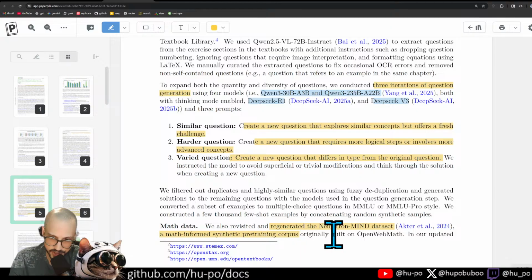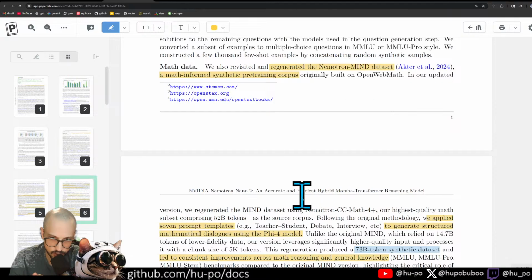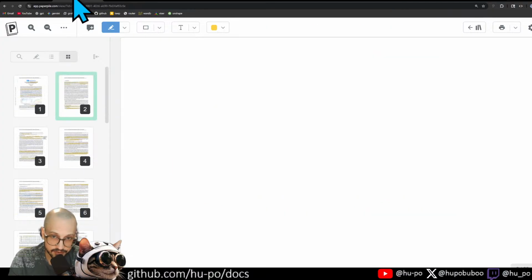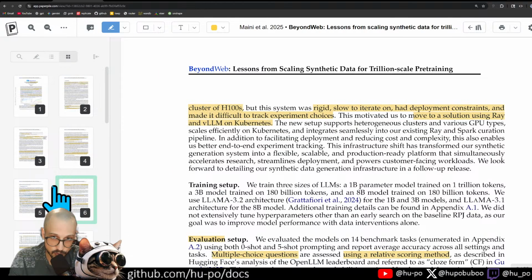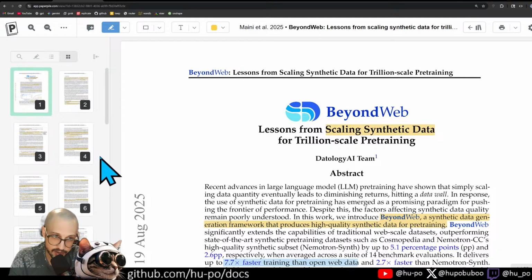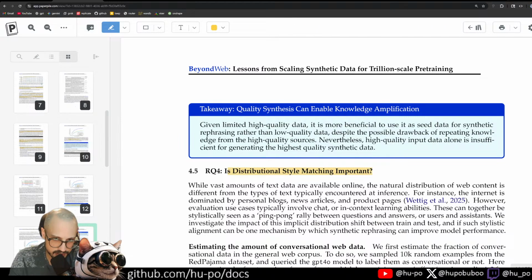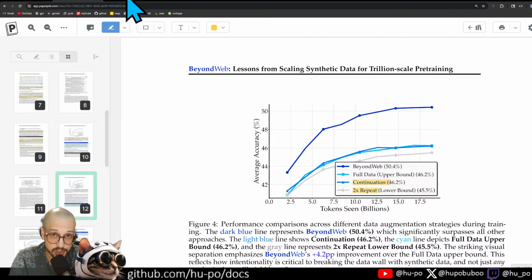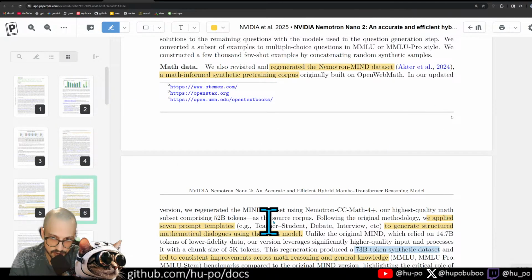We also regenerated the Nemotron-MIND dataset, a math-informed synthetic pre-training corpus. We applied 7 prompt templates, so again, using the best practices from the earlier paper, where they're saying the more varied the types of rephrasing or synthetic data augmentation in text modality that you can use, the better. So what does that mean? That means perhaps using different prompt templates, right?